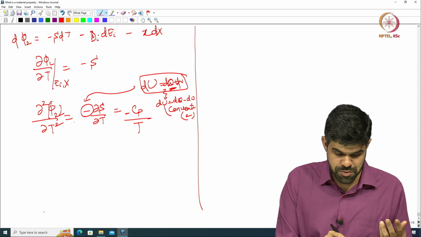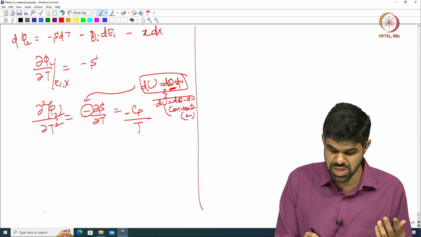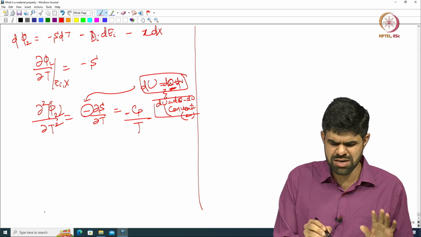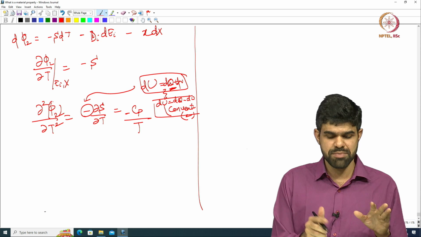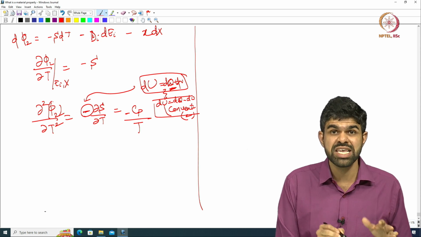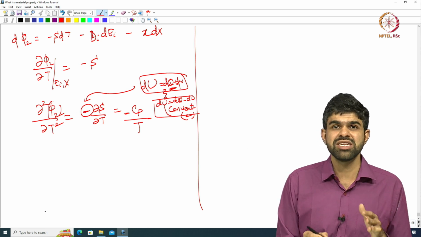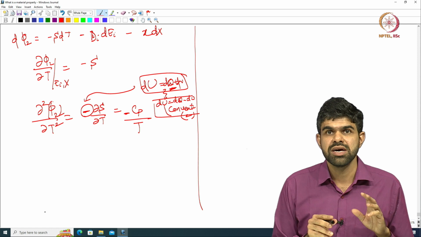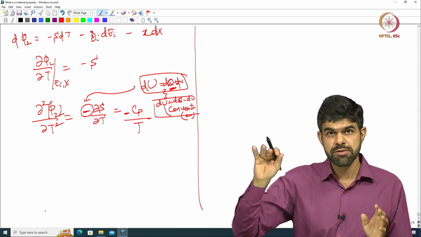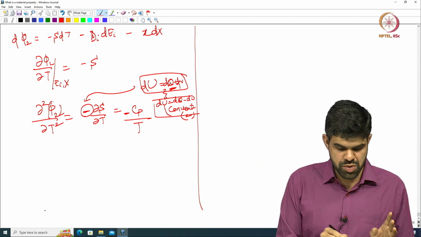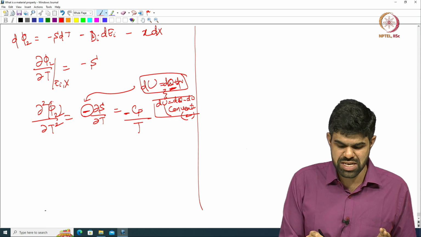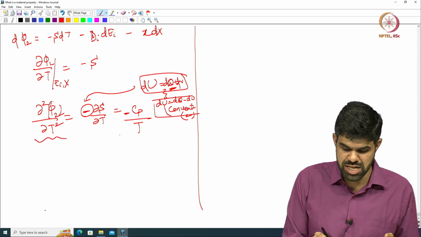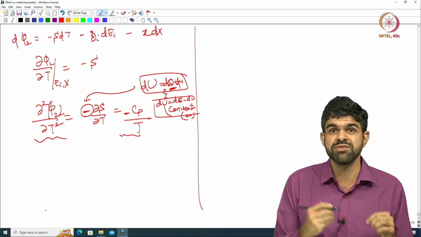Then I will not get these minuses if I use this convention. Okay. But it does not matter, right. So for now, I am not very worried about what sign this has, whether it is minus or plus, it does not matter. That tells me the stability of the property, right. But dou 2 phi by dou T square, the curvature, actually tells me that there is an underlying property, which is Cp.